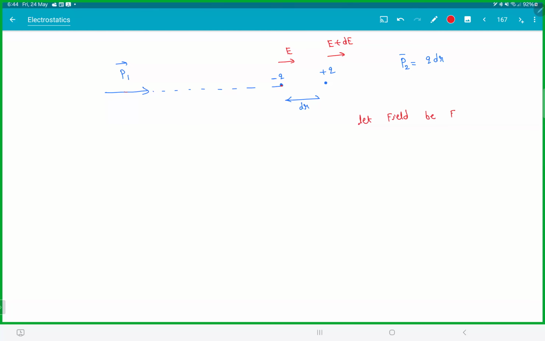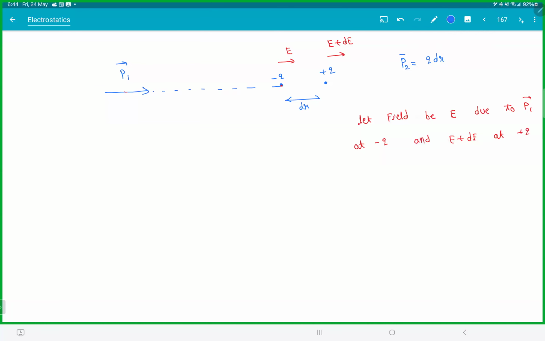Let the field be E due to P1 bar at minus Q, E plus dE at plus Q; the signs will take care of it.